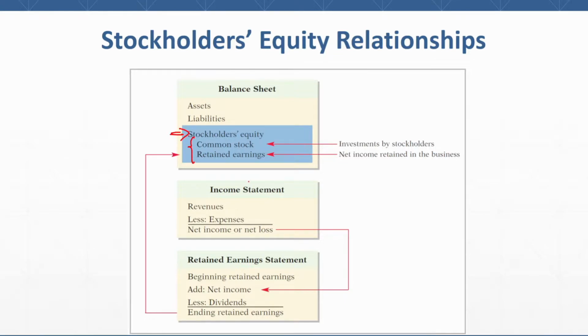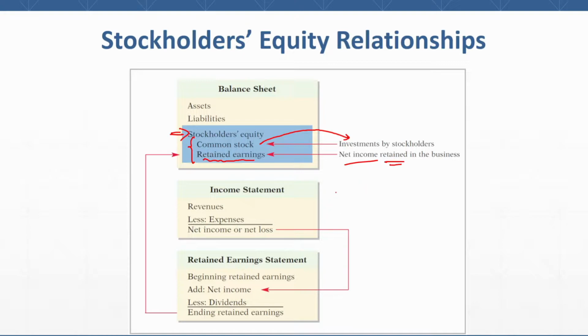Common stock is the amounts that investors put into the company, the invested money by investors, and retained earnings is the money that we generate, we make inside our company, and we keep it inside the company.